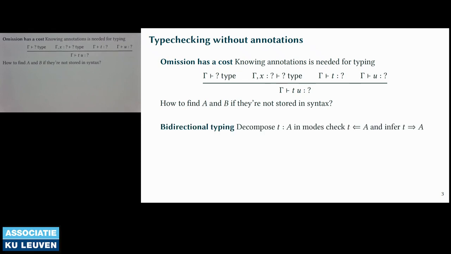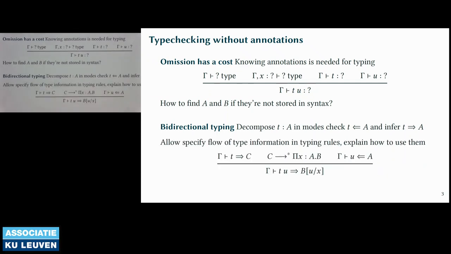And bidirectional typing is all about answering why you do not need to guess, but there's a way of recovering these annotations. The idea is to decompose the regular typing judgment into two modes, the check and inference modes. And now this allows you to specify algorithmically how the type information should flow in typing rules.